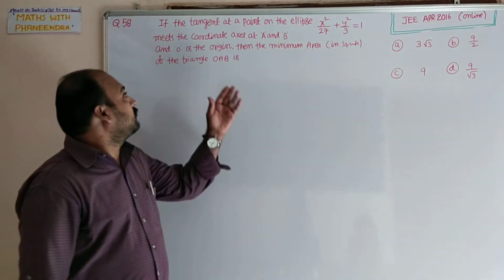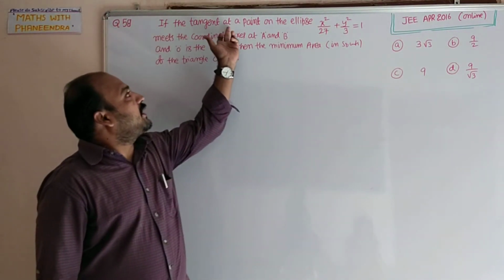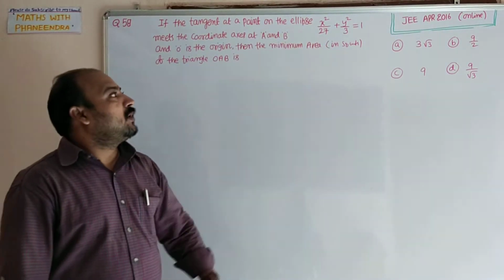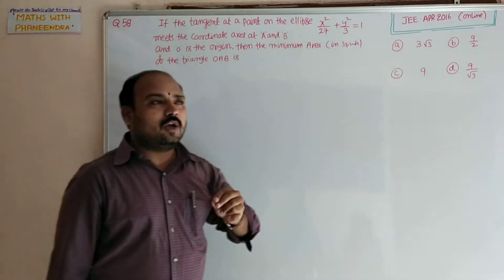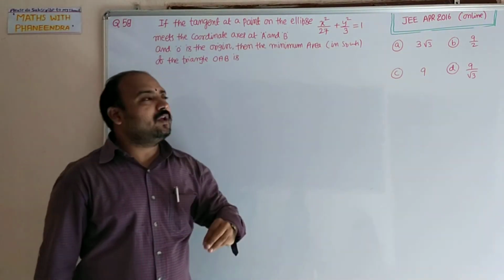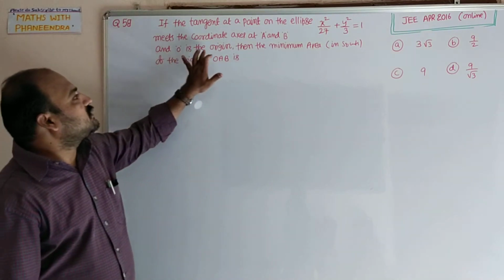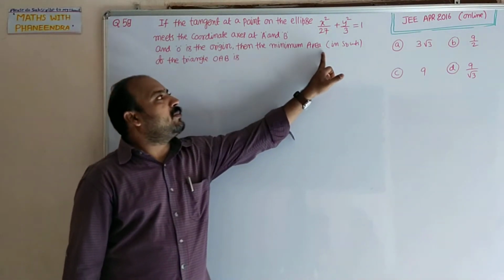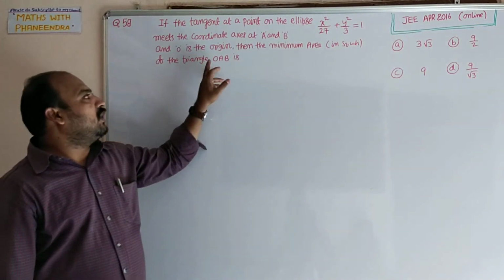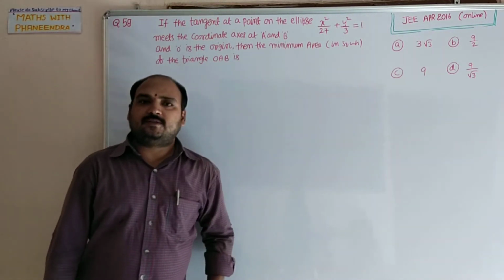The next question. If the tangent at a point on the ellipse x square by 27 plus y square by 3 equal to 1 meets the coordinate axes at A and B and O is the origin, then the minimum area in square units of the triangle OAB is.